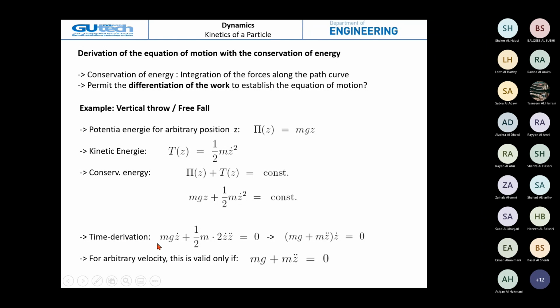The time derivative of the first term mgz, as z is time dependent, at any arbitrary state, gives mg multiplied by z dot, plus the time derivative of the kinetic energy, which is 2 times one half m z dot z double dot, as we know that d z dot over dt is only the acceleration.